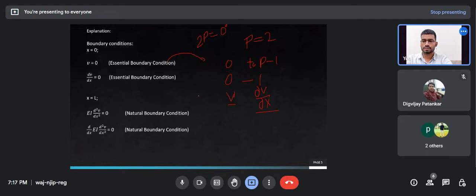Whether it is Dirichlet boundary conditions or Neumann boundary conditions. That is nothing but essential boundary conditions or natural boundary conditions. This is the simplest method that we discussed in the previous sessions also. Once we know the order of the differential equation, we can easily identify which are essential and which are natural boundary conditions. Any doubt in this part?